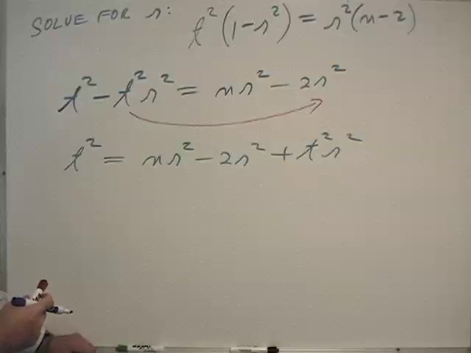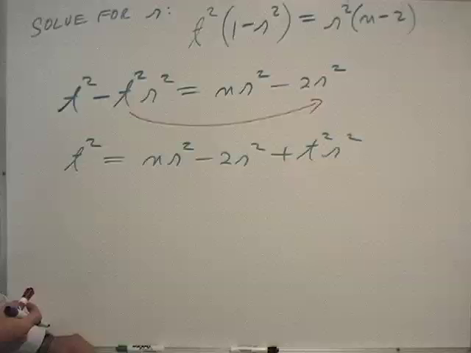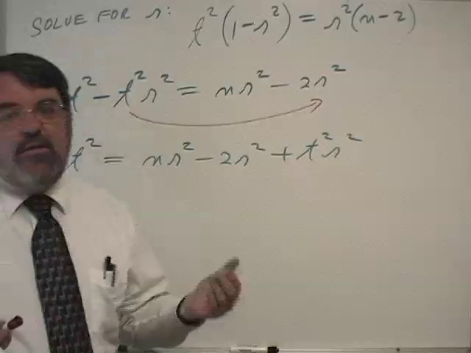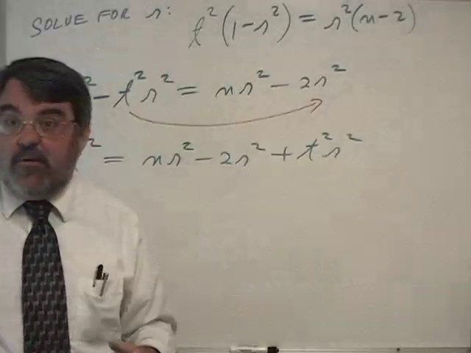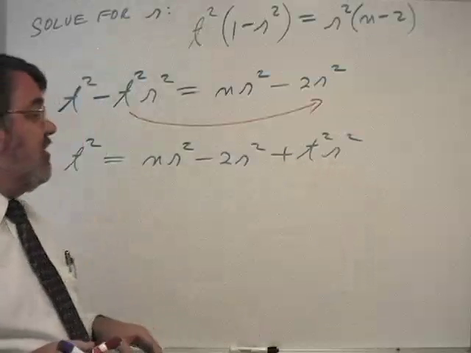All right, now what do we do? Well, now we've come to a punchline, which I like about this problem, and which I wanted to show you. And you'll run into this sort of situation in a few problems in your book, where you end up with the letter you're trying to solve for appearing in several different terms. I have R squared, R squared, R squared in each of these terms.